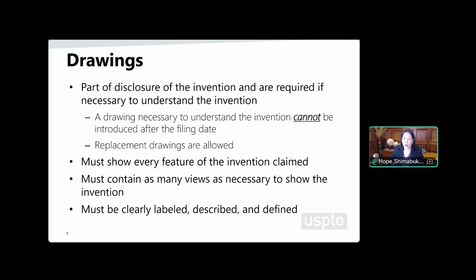Drawings should include all the views and they must be separately labeled. The tools used to clearly show physical structures can also be a cross-sectional view or a dotted line hidden view showing hidden features. For more information, we highly recommend that you go to MPEP section 608.02 to find out more on the requirements for drawings.